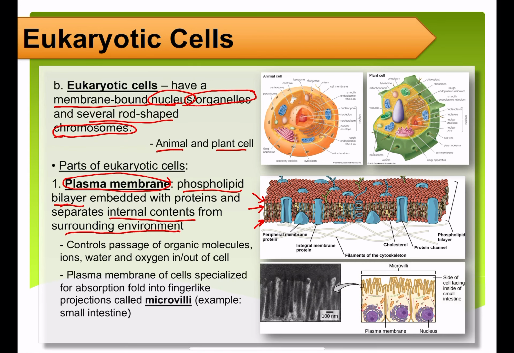Now, this feature will become an important concept in anatomy and physiology, where specialized cells in the body that perform a lot of absorption or secretion of fluids tend to have finger-like projection folds on their plasma membranes called microvilli.